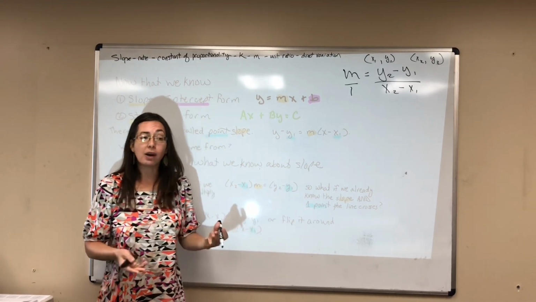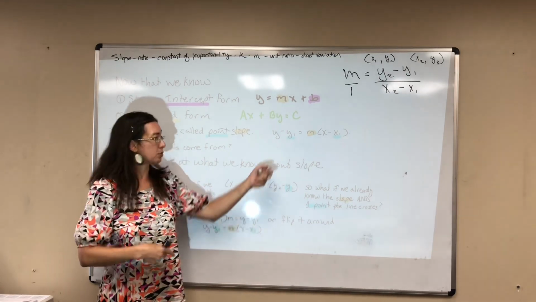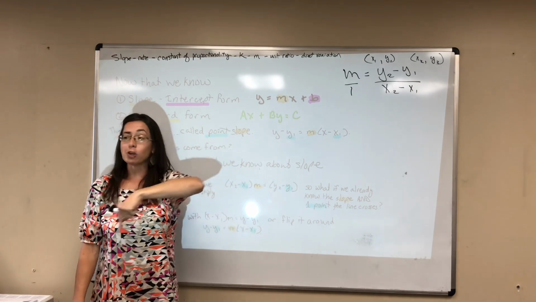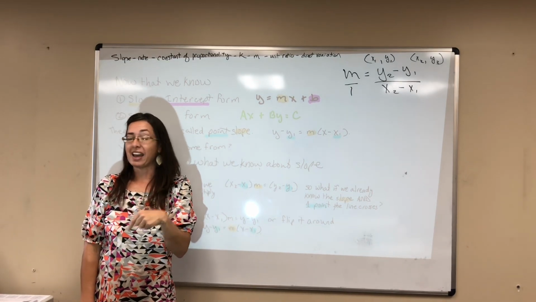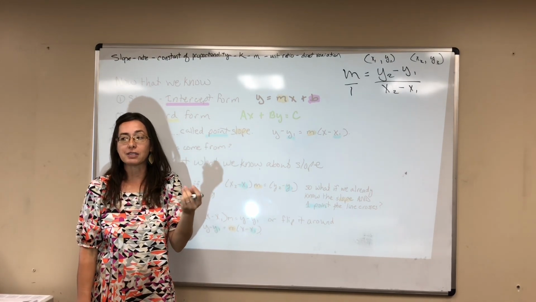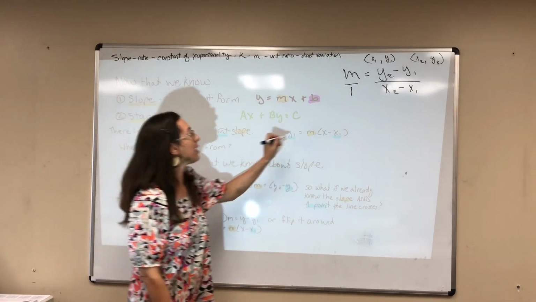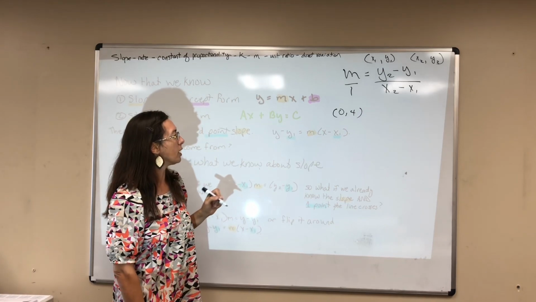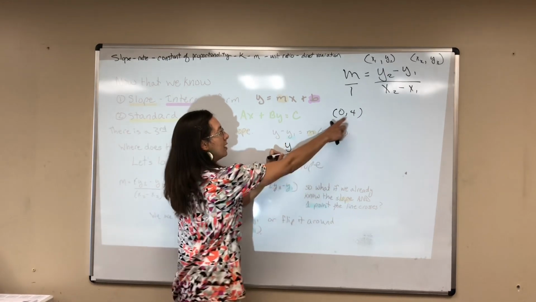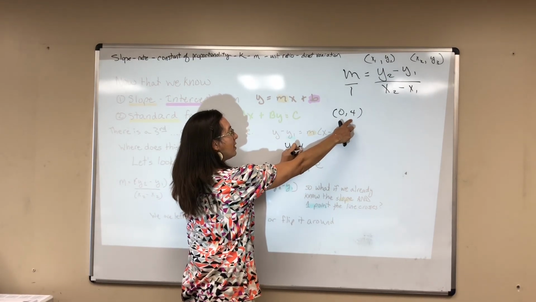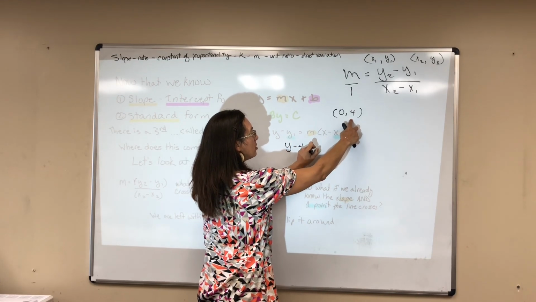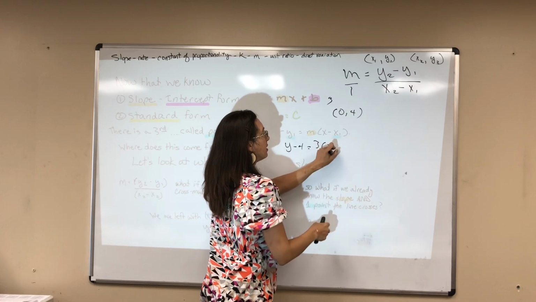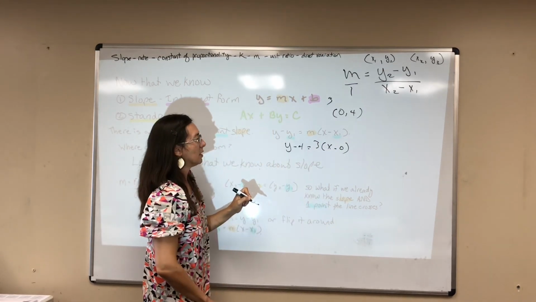Now, if the point that we know is the y-intercept, would we use this formula? No. We would use slope-intercept, just because we don't have to plug in a 0. But let's think about that too. If we know that the point it goes through is 0, 4, so I say y minus the y that I know, equals, and we'll say slope of 3, 3x minus 0.